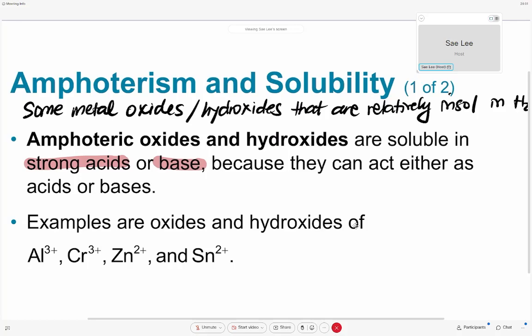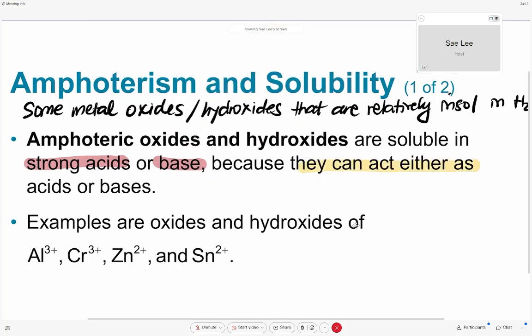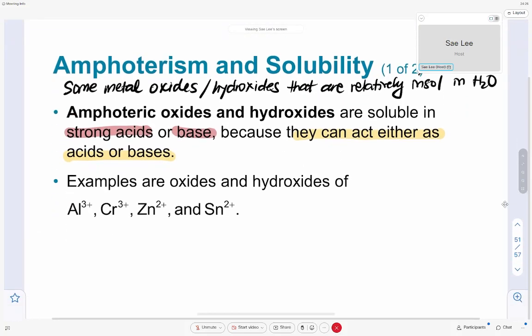These metal oxides are special because they can act as both acids and bases. The examples are oxides and hydroxides of these only; only these will be amphoteric.